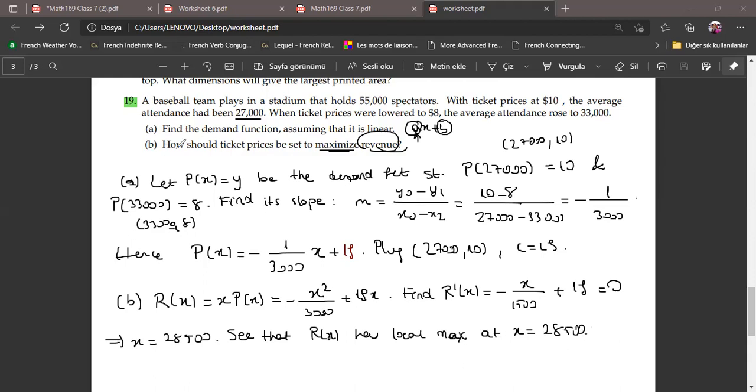Now, how should the ticket price be set? It asks. So we need to find P of X at that point. Thus, P of this is equal to 9.5. This should be the ticket price.